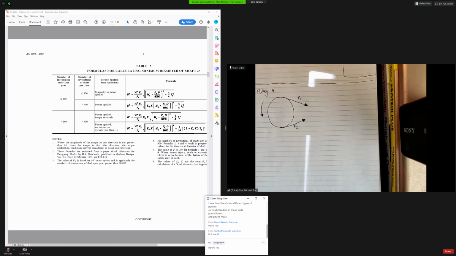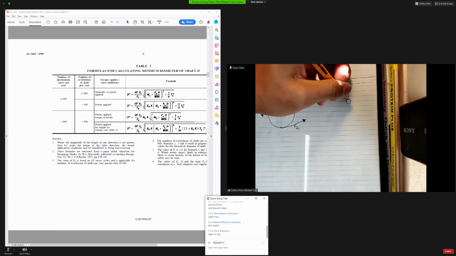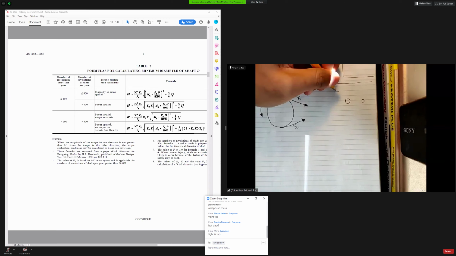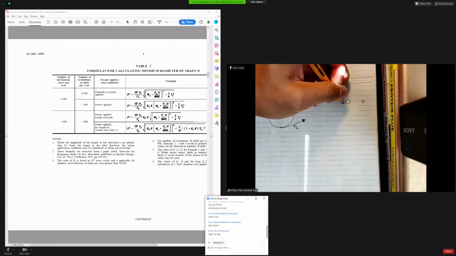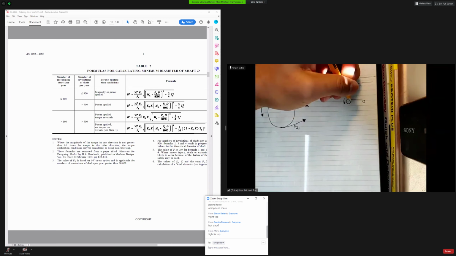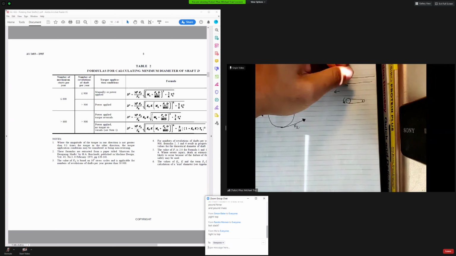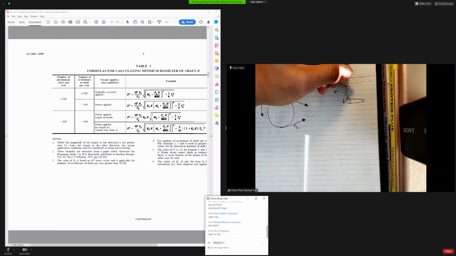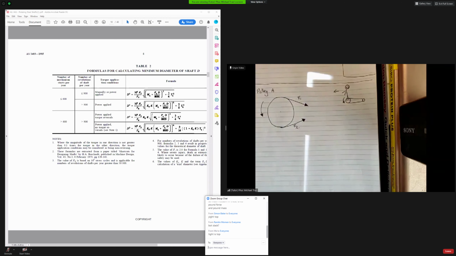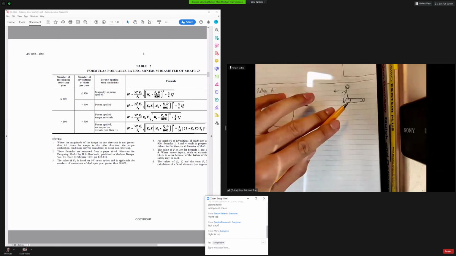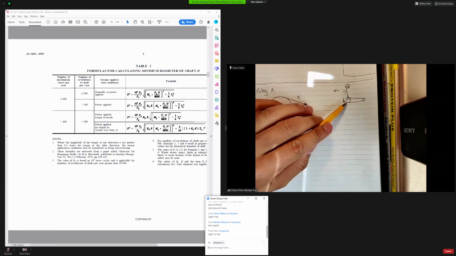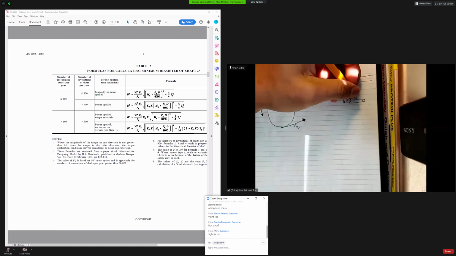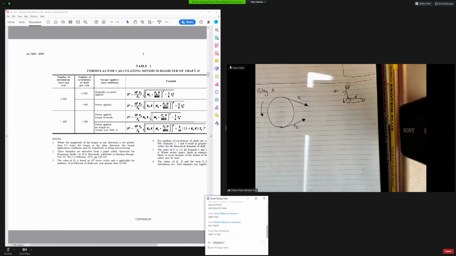I just think of it as like if you're riding a bicycle and you're going this way, this is your driving. You don't have to draw this, by the way. Then if you're pushing your legs and it's going anti-clockwise, that side is going to have more tension and drive the back wheels.